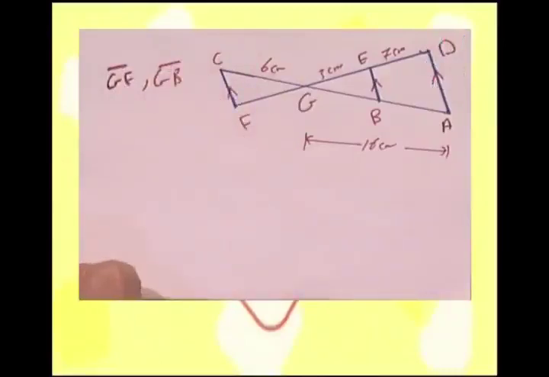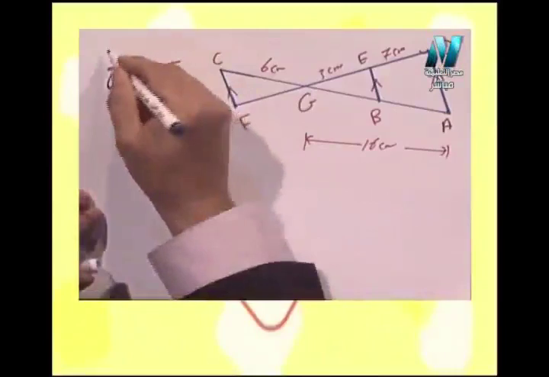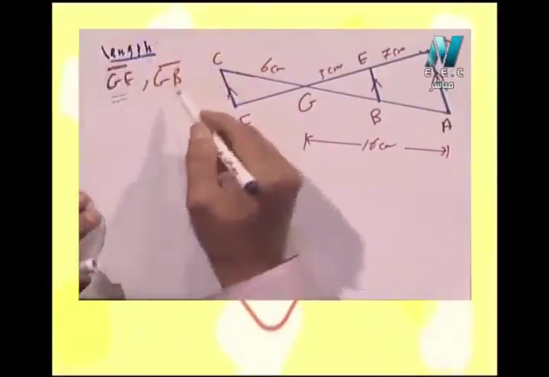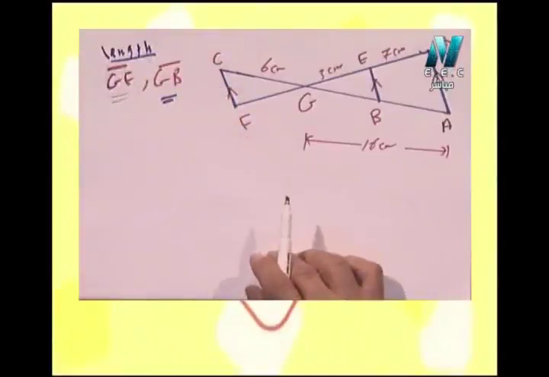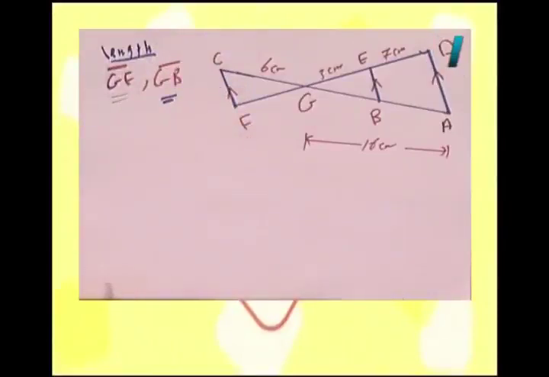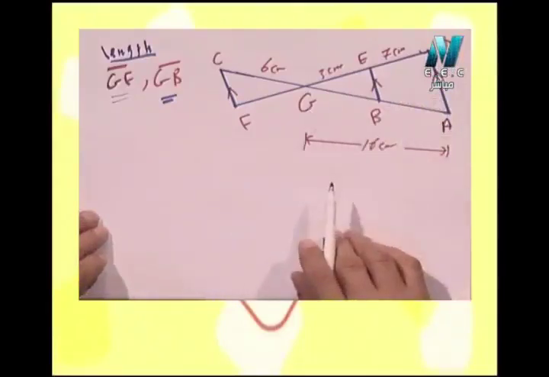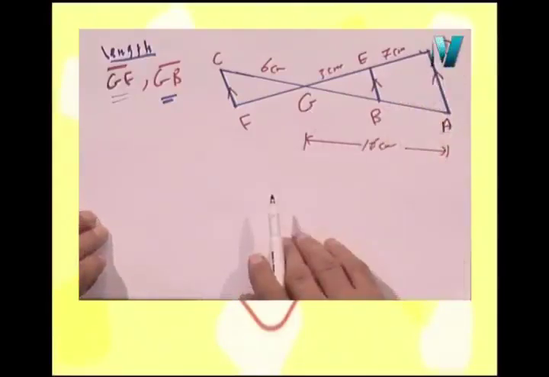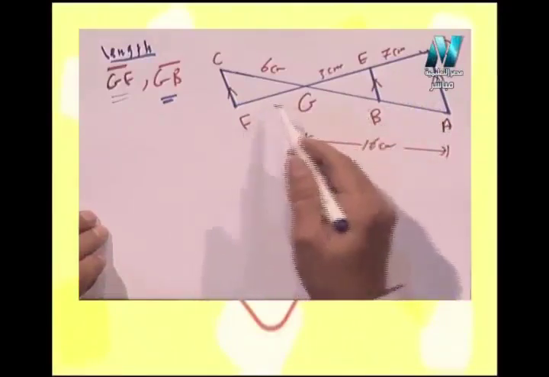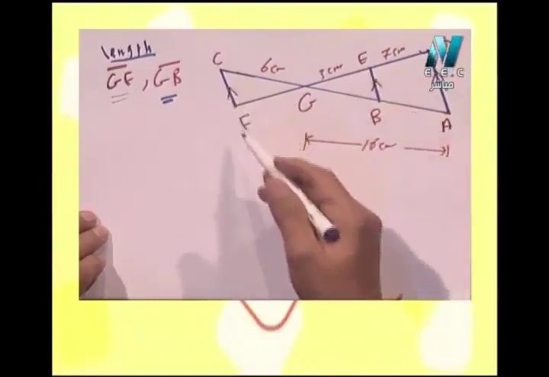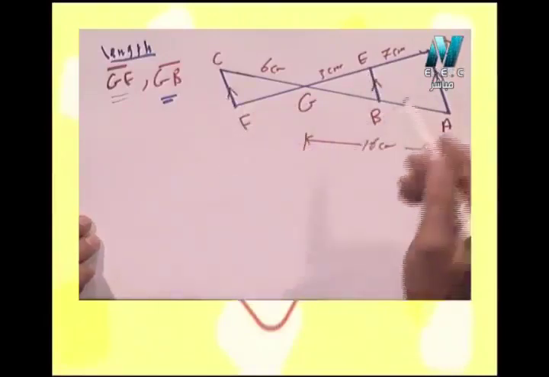We would like to find the length of these two line segments. We can use our theorem, which we talk about today. Here we can use it to find GB first, or BA, and after that we can use these two triangles. So we have EB parallel to CF.